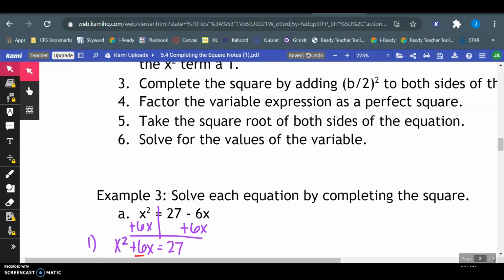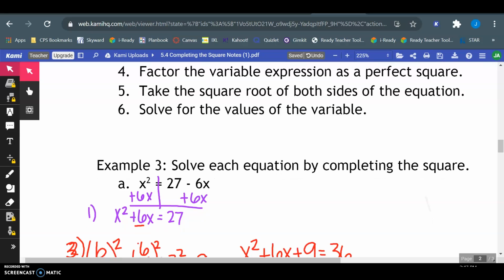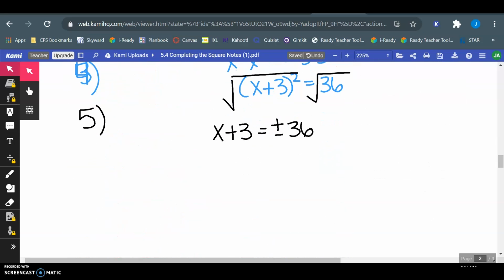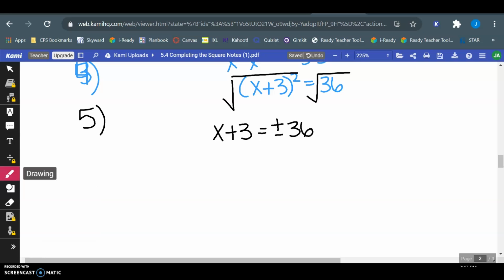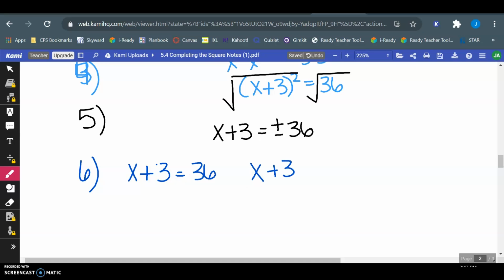Step 6 is to solve for the values of the variable. So now we are going to divide this up into 2 equations. We have x plus 3 equals a positive 36, and we have x plus 3 equals a negative 36. And I just realized I totally messed this up.